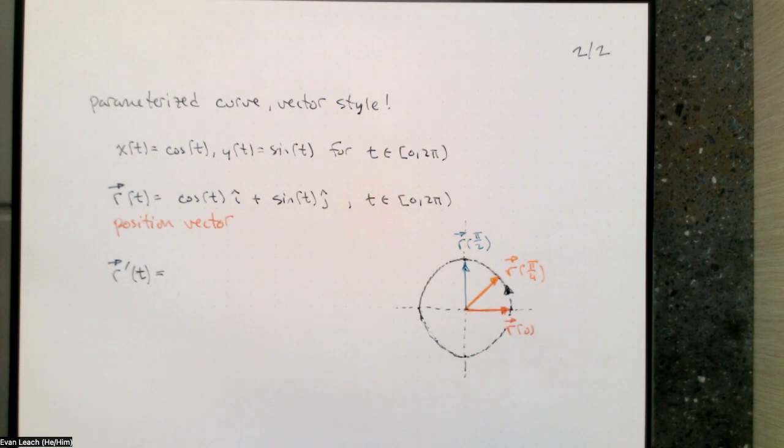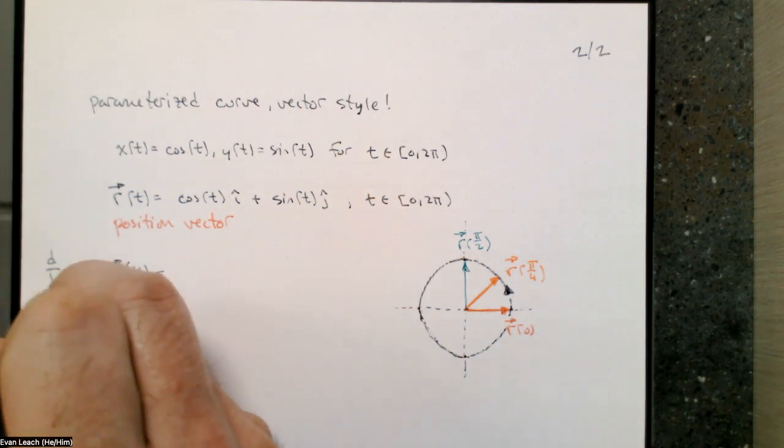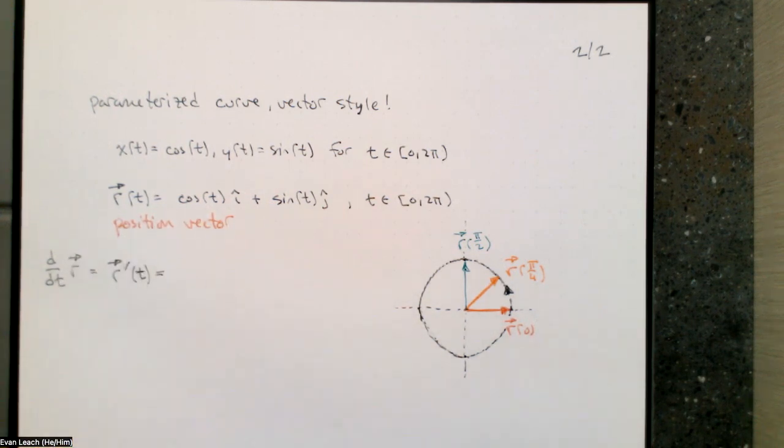first of all, we have to know how to take the derivative of this function with respect to t. So I want the derivative with respect to t of r. We're going to write it as r prime of t.